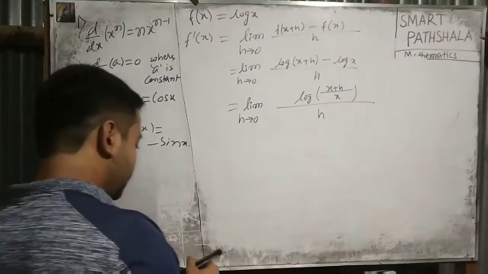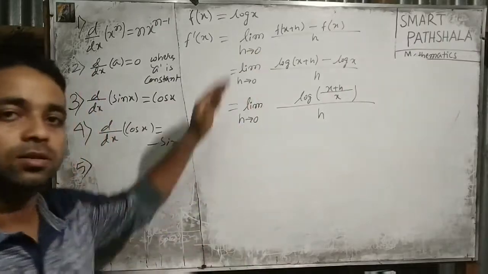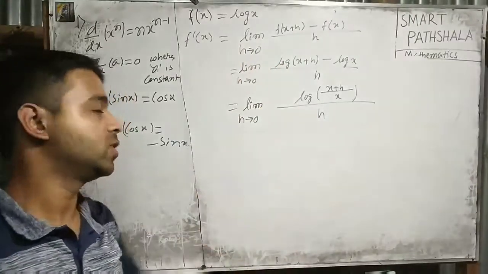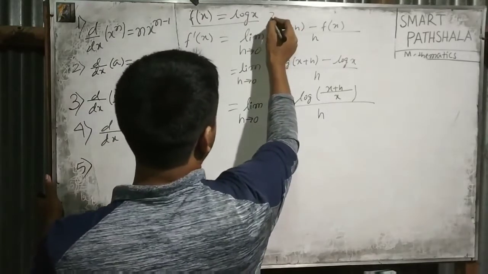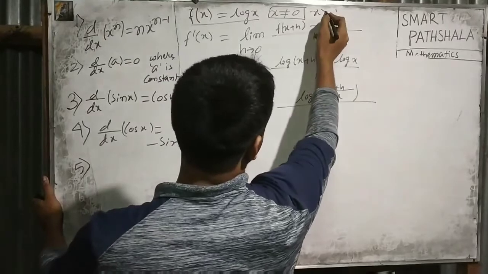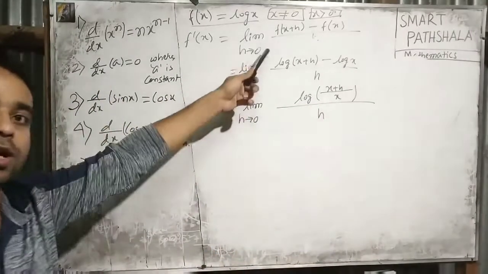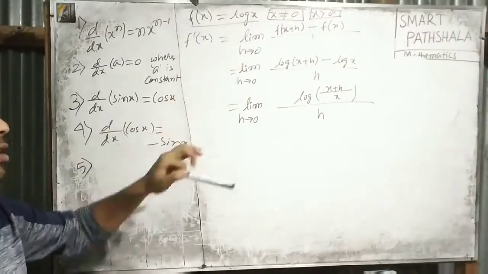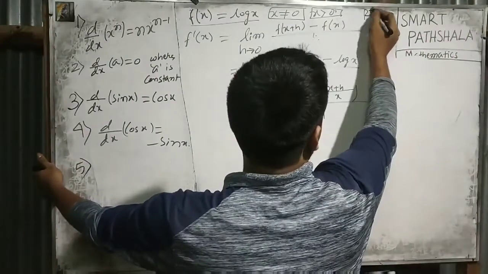Now the thing you need to notice is that when f of x is log x, this is a defined, continuous function, and the domain of this function is x not equal to 0, or you can write x greater than 0. This comes with the definition of log x, because the domain consists of all the positive real numbers, or you can say R plus.